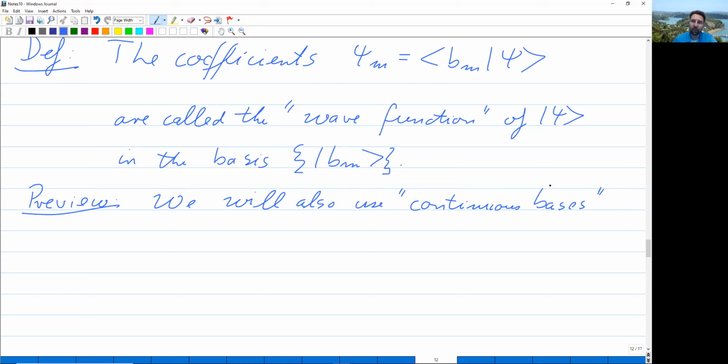Of course, they are not actually bases because these vectors are not normalizable. Therefore, they are not in the Hilbert space. For example, a basis of vectors mu, where the mu are running through the real numbers. It's just an example. And these guys are not normalizable.